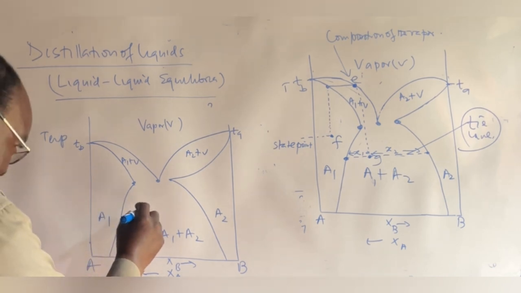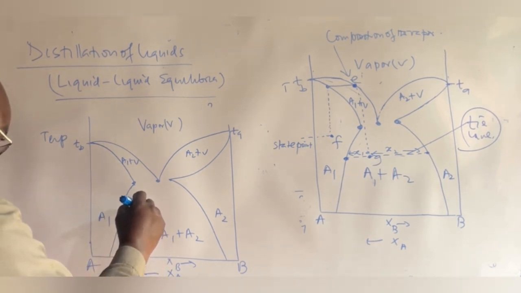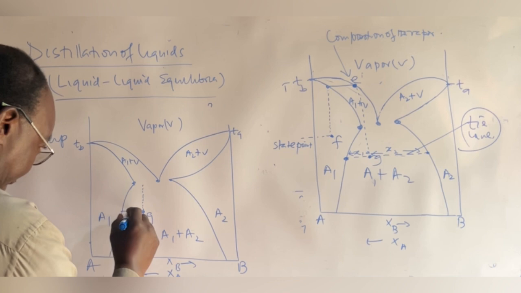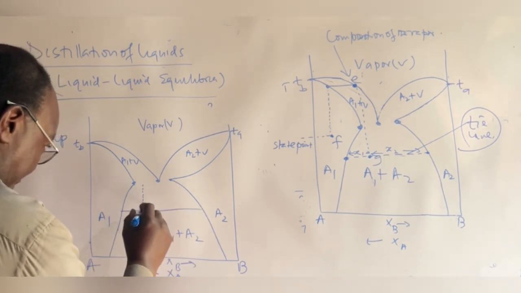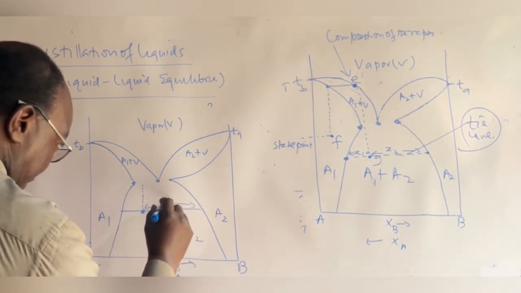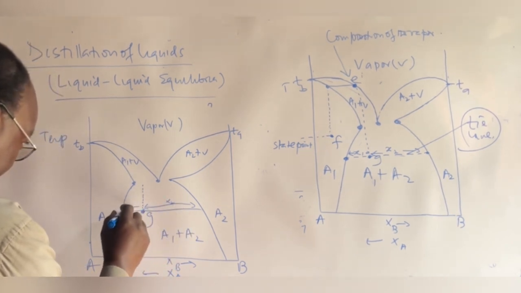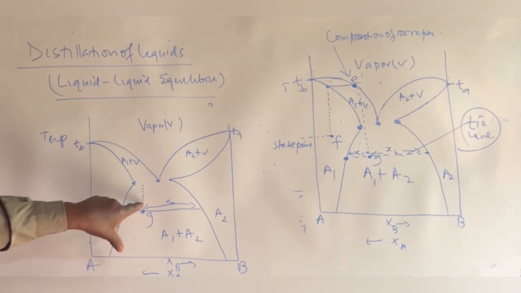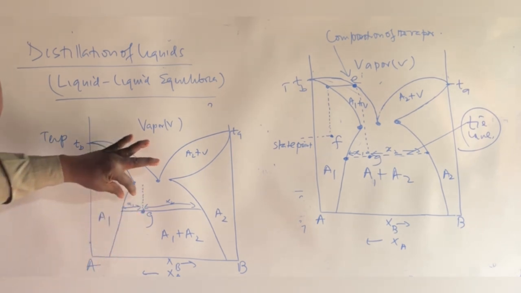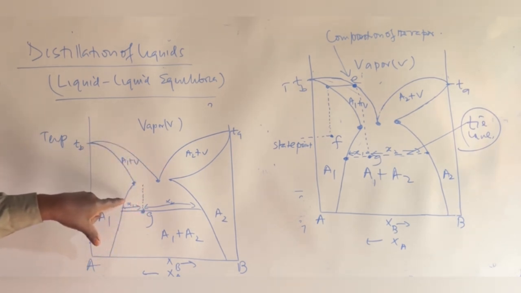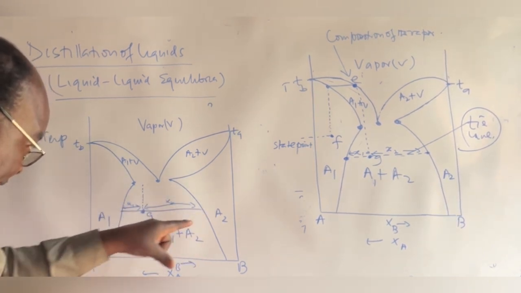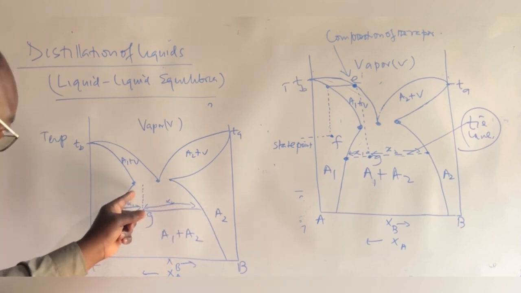As you raise the temperature, pay attention, if you draw a tie line there, the relative amounts, X2, X1, you can see from the lever rule, as you continue increasing the temperature, this fraction, the component having X1, which represents the number of moles of A2, decreases.